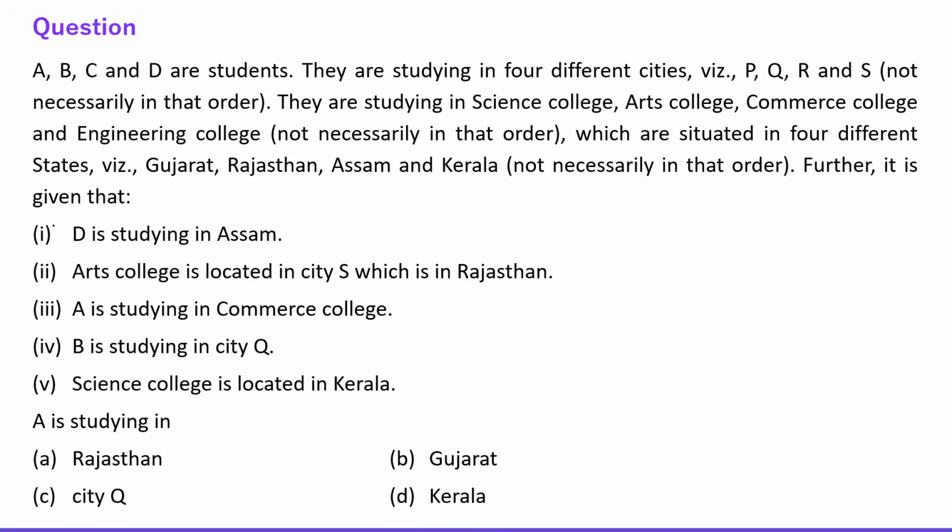Further, it is given that, okay, everyone, here 3 attributes are there: city, state and colleges. So just wait, let me draw the table first.